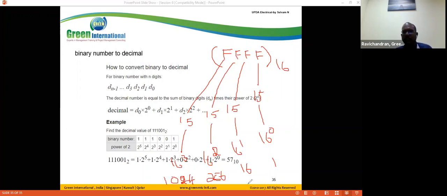So 1 into 15 plus 16 into 15 plus 256 into 15 plus 4096 into 15. This gives the binary number for F.